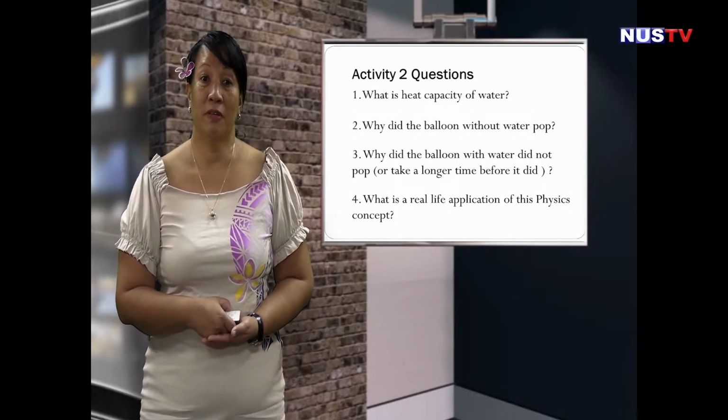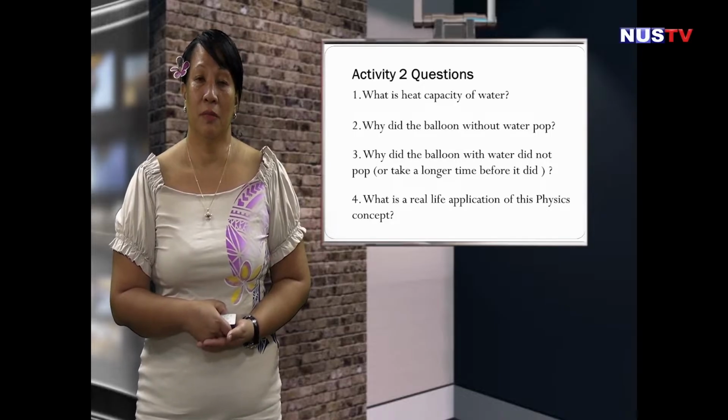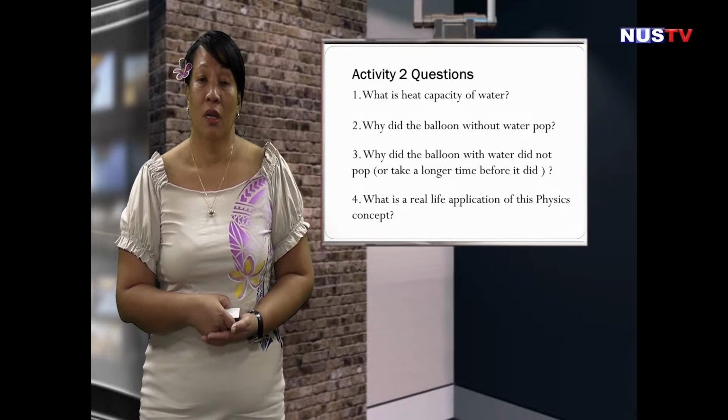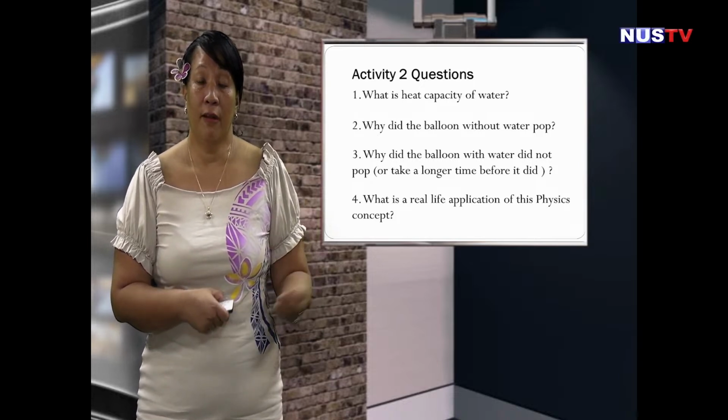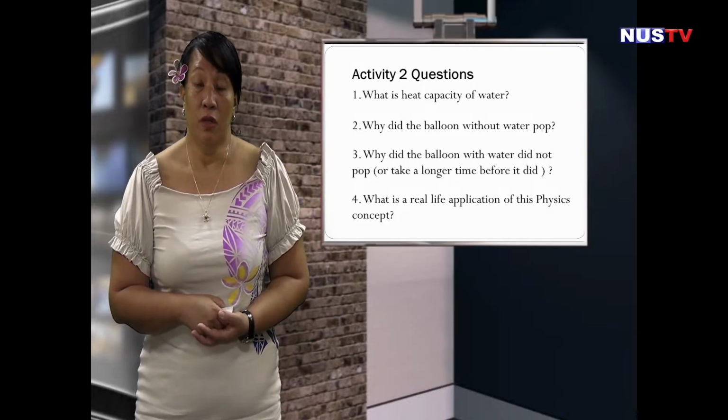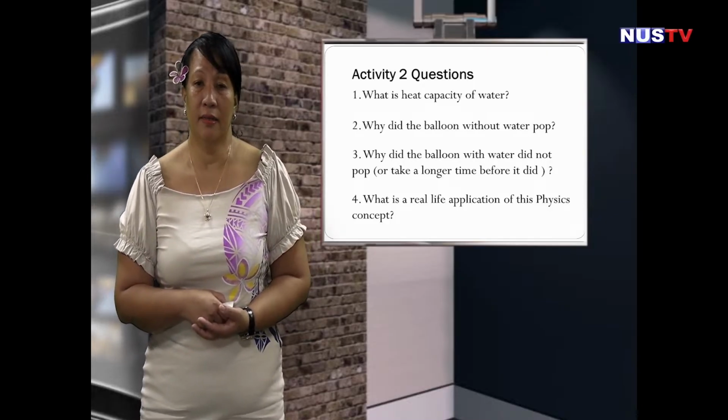Another real life application of the heat capacity of water is when you go to the beach. When you go to the beach in Makafanga, you will notice that the sand is very hot on a hot sunny day.